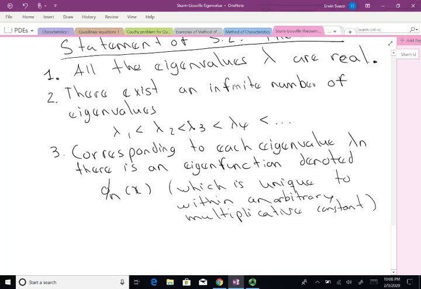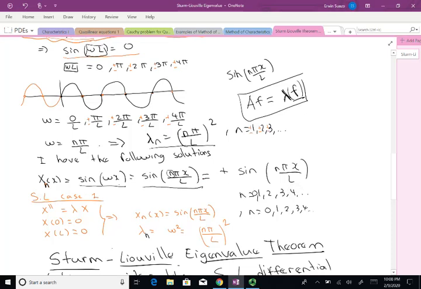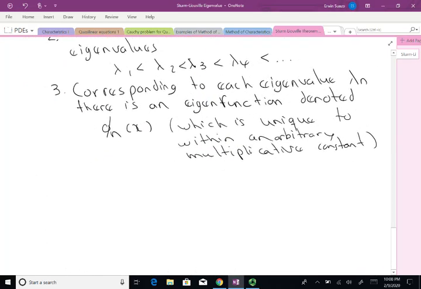Okay, so that's what I was choosing here. I was getting plus or minus, but I said let's just choose plus, because plus or minus gives the same eigenfunction.